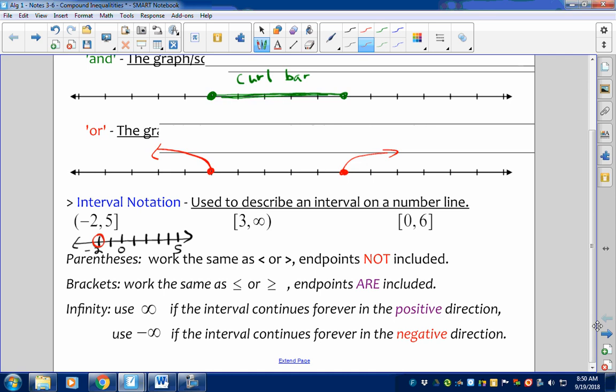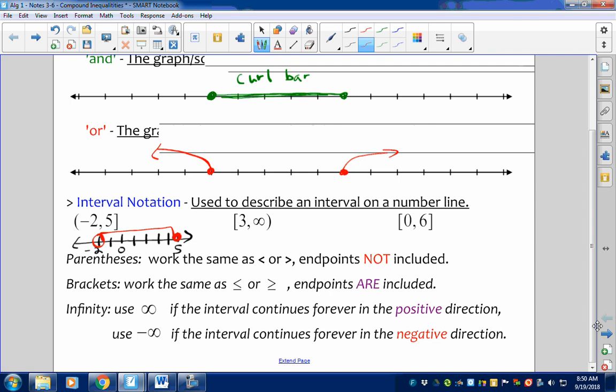In this case, what we're saying in interval notation is the solution set is greater than -2 and less than or equal to 5. So we'd have a closed dot at 5, and we would be shading everything in between. Okay, so that's what the interval on the number line would look like, corresponding to that interval notation, -2 to 5.